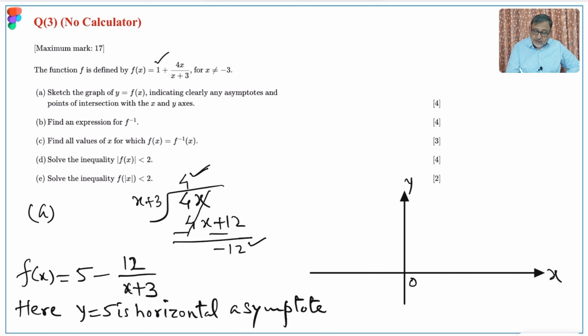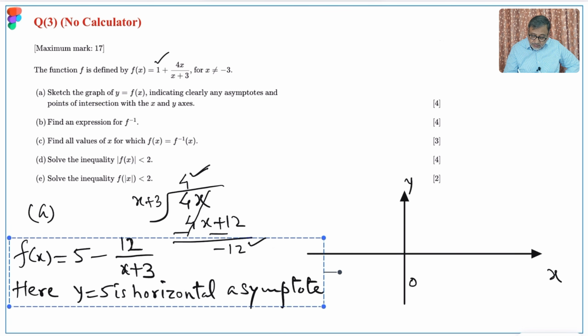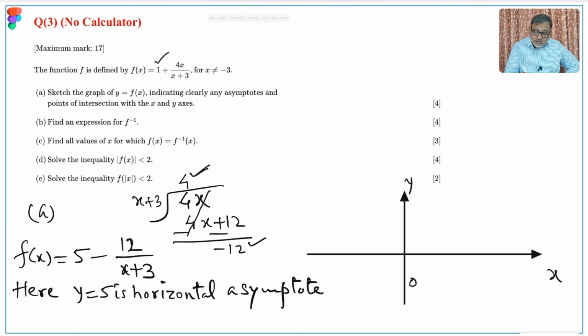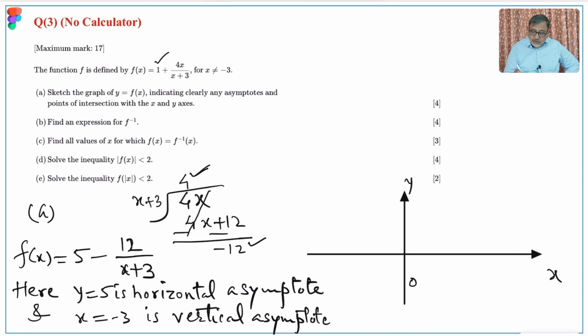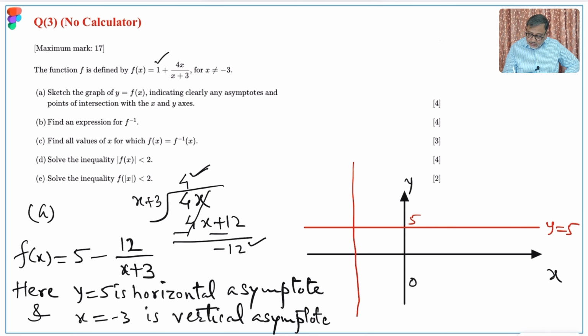I will shift it up so that I can occupy the remaining part. And x equals minus 3 is the vertical asymptote. So I will draw the vertical and horizontal asymptotes first. Y equals 5 is somewhere here, and x equals negative 3 is somewhere here.